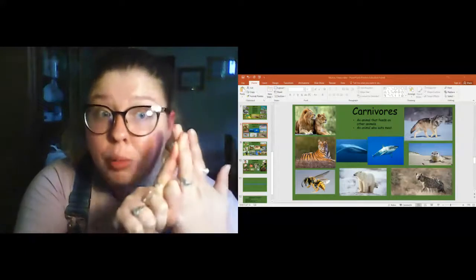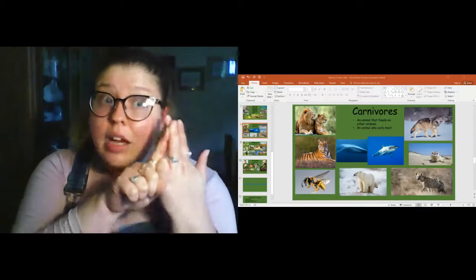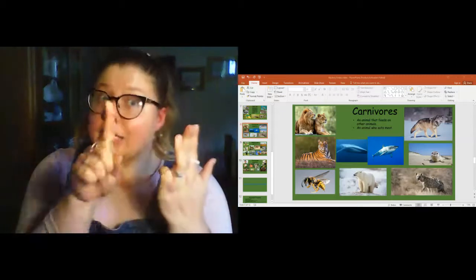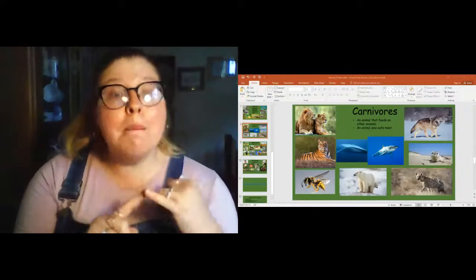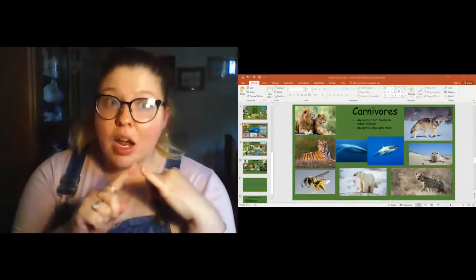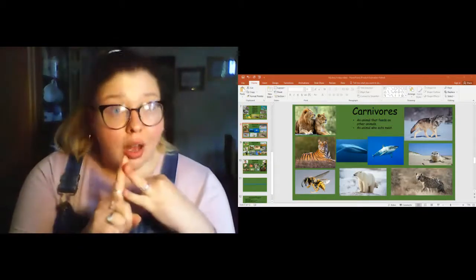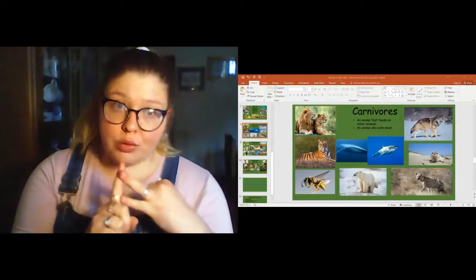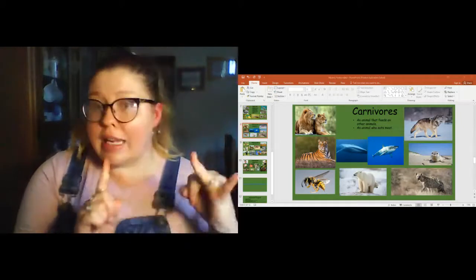So they are one of the few that are carnivores purely. Because as I said, carnivores means they only eat meat, and I will explain why when we get to the omnivores. Blue whales are carnivores. They eat octopuses and squid. Sharks are carnivores. They eat other fish. They eat penguins. They eat seals.